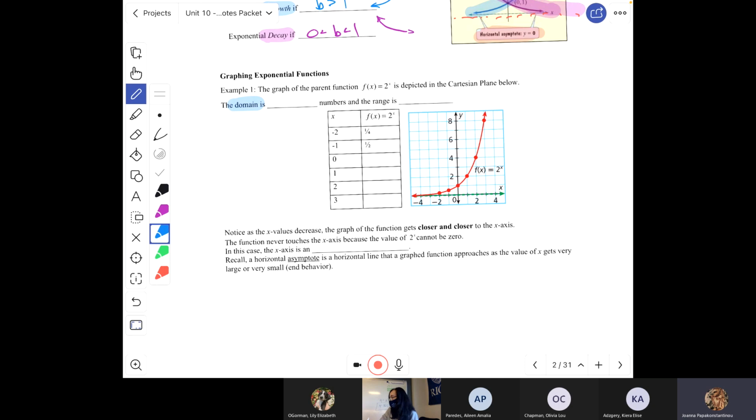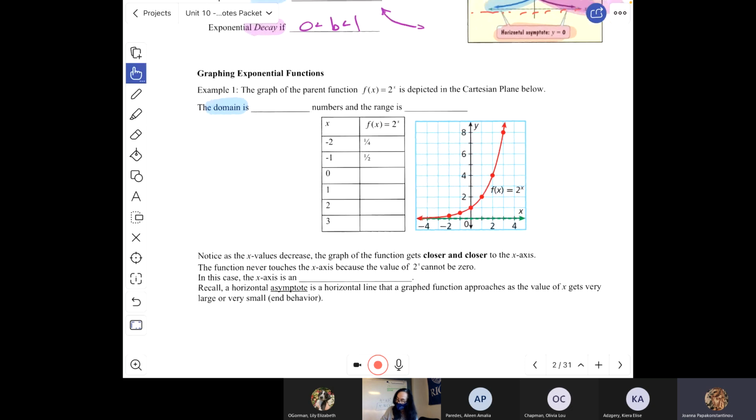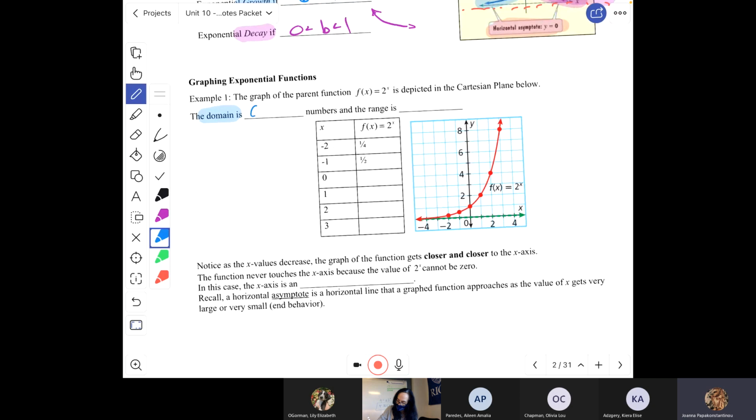Can x be anything, or do I have any restrictions on my x values, my input values? Yeah, it's all real numbers. X can be anything. So negative infinity to infinity. It doesn't matter which ones you choose, but you know, we like to see the y-intercept. So what is the y-intercept? When x is 0, y is 1.